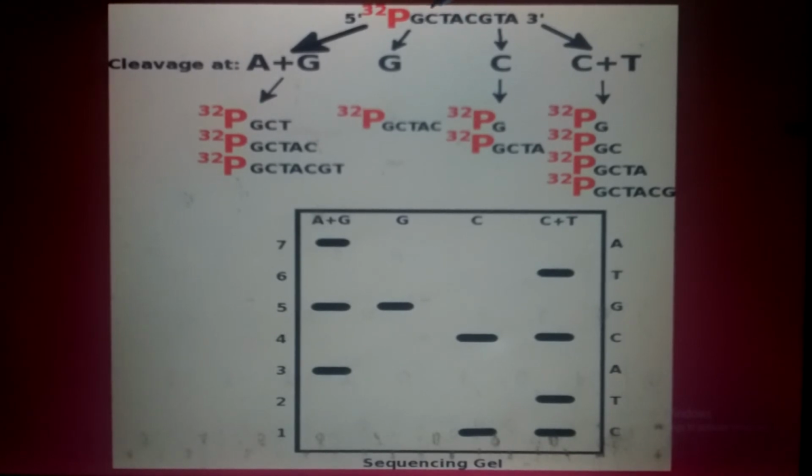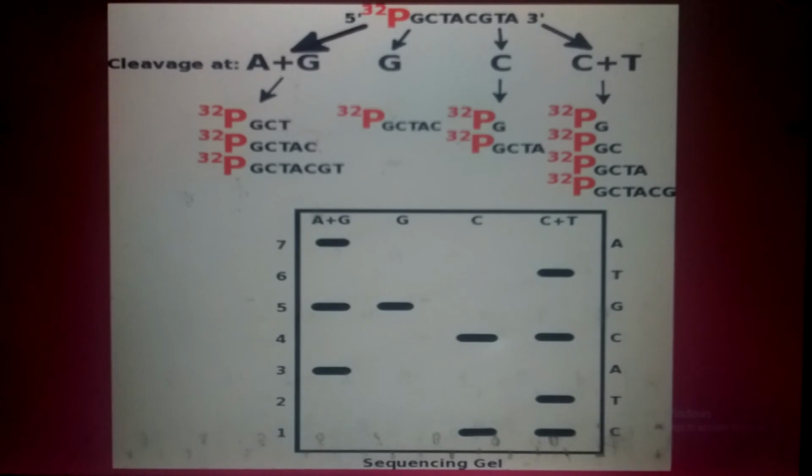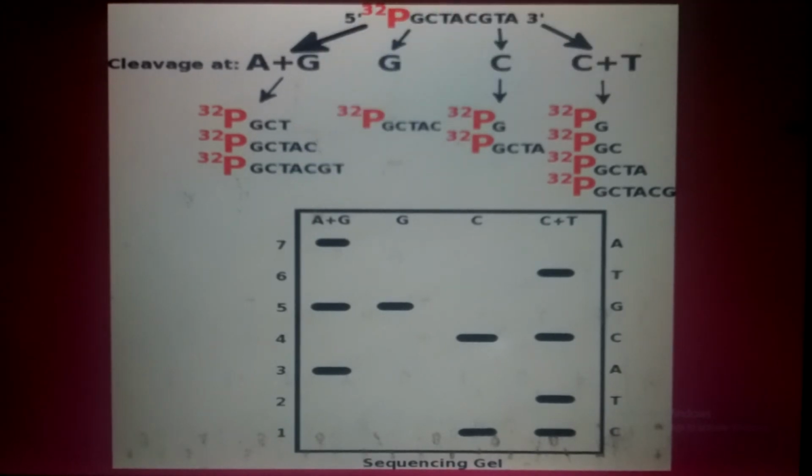So it will stop here and just one fragment will be produced containing only G. Is it clear? Now where is the C? Here is the C. You can count GCTA. The second fragment in the C tube will be the GCTA fragment, and in the G tube just GCTAC, and in the A plus G tube GCT, GCTAC, 3 fragments are produced.